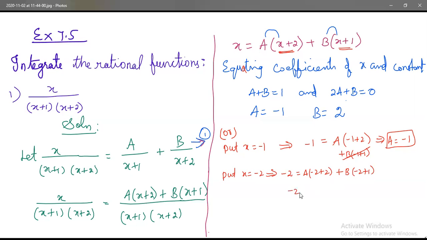So minus 2 is equal to minus B, so B is equal to 2. You can follow any of these methods, and in some problems that will be easier, so you can just choose which one.